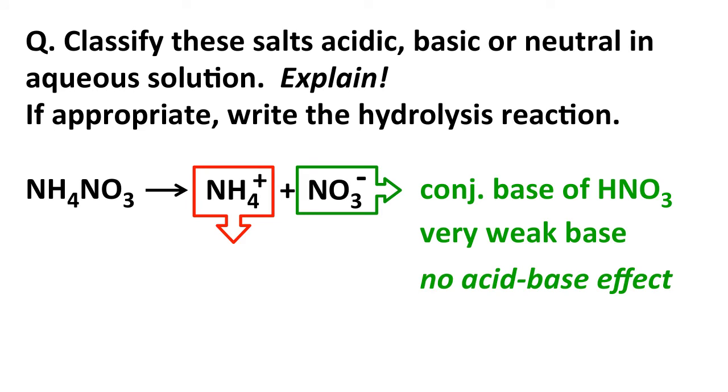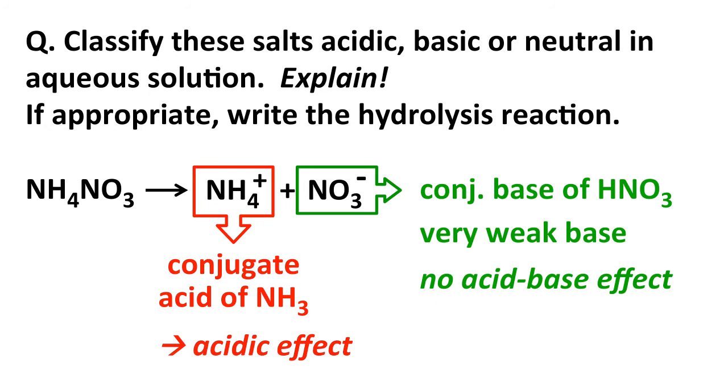On the other hand, NH4 plus is the conjugate acid of NH3. And NH3 is a weak base, but it's not completely weak like NO3 minus. And so the conjugate acid of a weak base has an acidic effect.